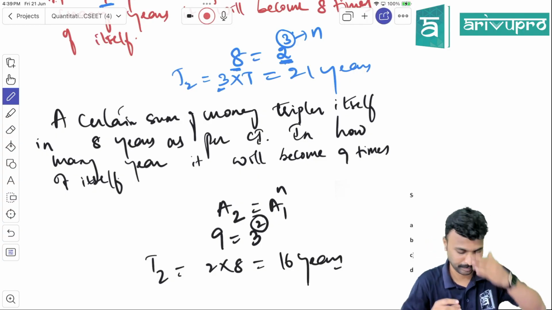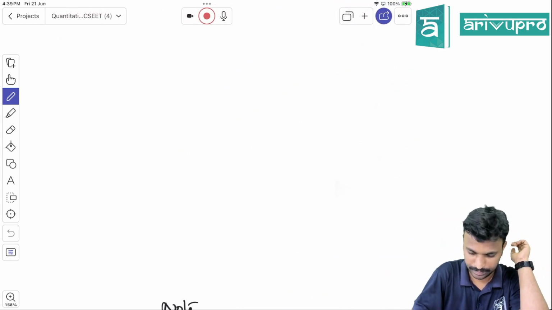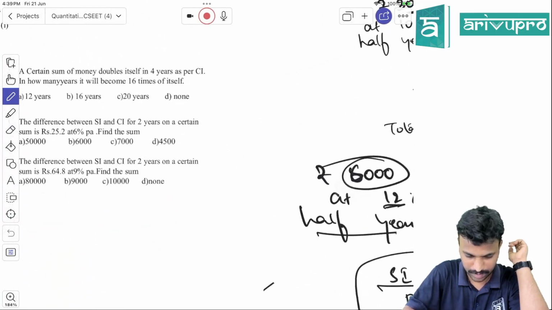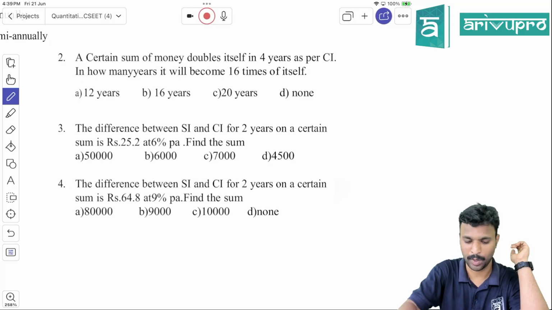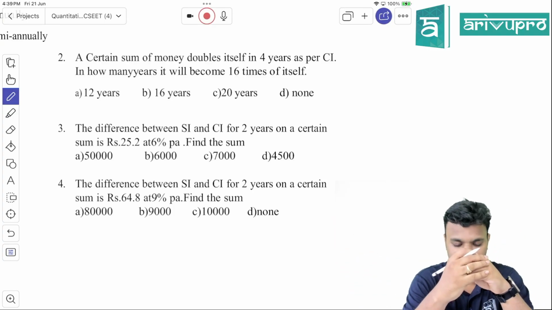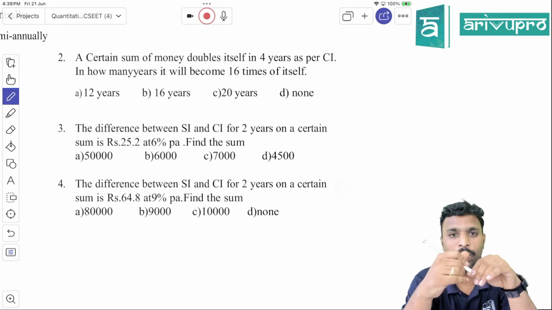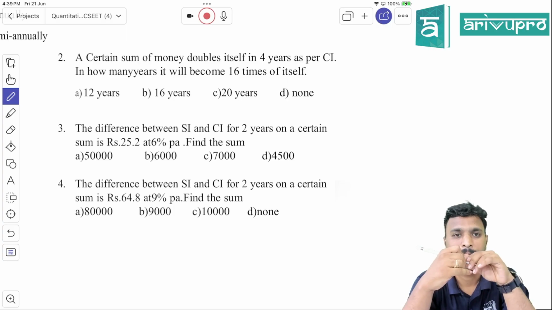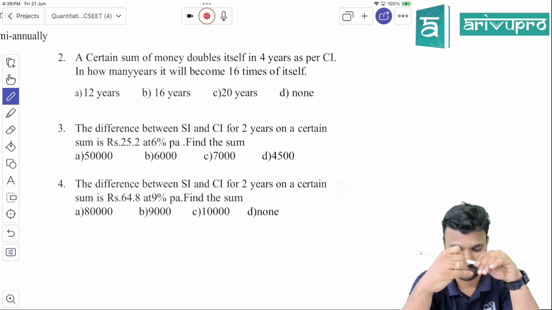Everyone? Take these problems. A certain sum of money doubles itself in 4 years as per CI. In how many years will it become 16 times of itself? 16 is what power of 2? 4 into what? 4.